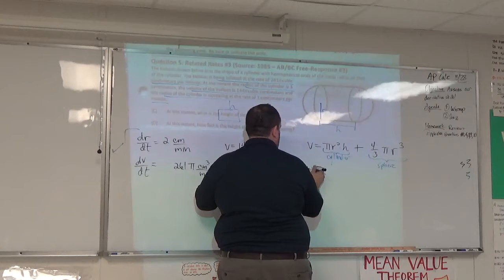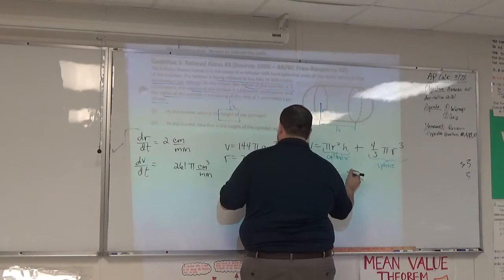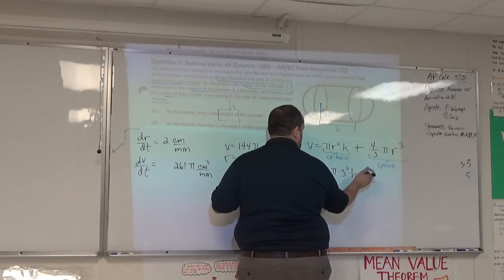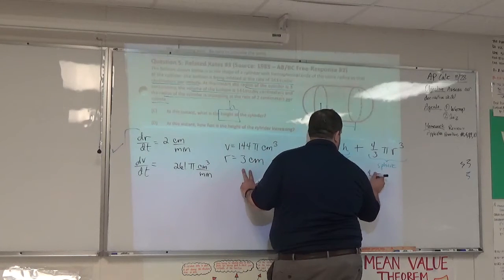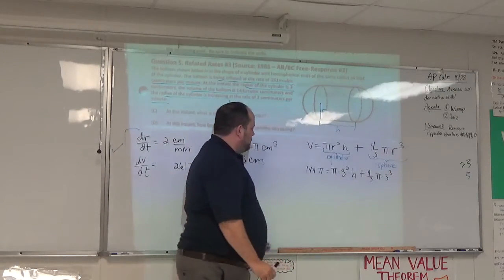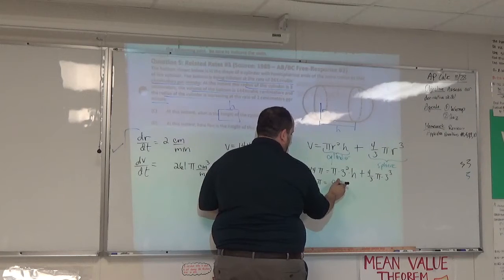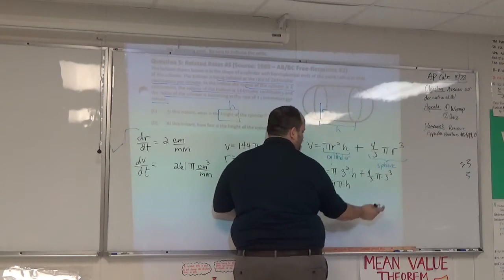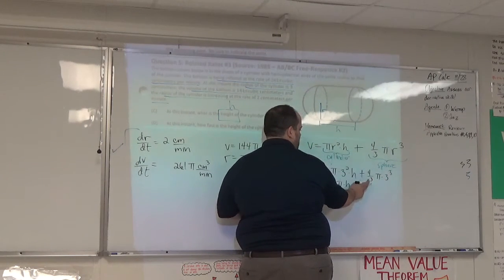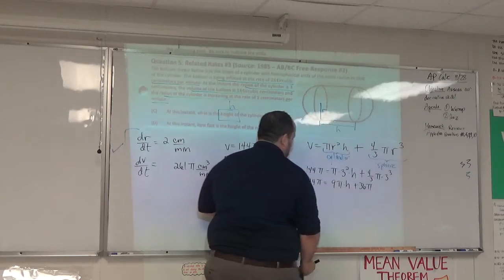Volume is 144 pi. My radius is 3, squared, times h. 4/3 times pi times 3 cubed. What is this? 144 pi equals 9 pi h plus, that's 27 divided by 3 is 9, times 4 is 36 pi.